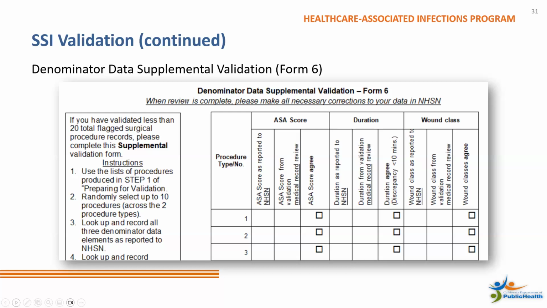Then you're going to record the ASA score as reported into NHSN, the ASA score from the medical record review, and check if they agree. Same with duration. You want to see if the duration was reported to NHSN the same as it was recorded, and if they agree, which would be less than 10 minutes. And then for wound class, what was recorded into NHSN and what was recorded from the medical record, check only if they agree. If they don't agree, don't check them. Next slide.